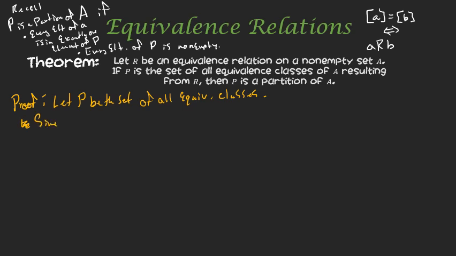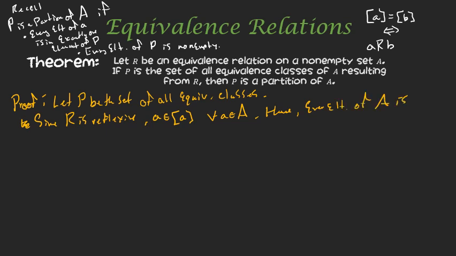Since R is reflexive, A is in the equivalence class containing A for every element of A. Hence, I'll write it in words, every element of A is in at least one element of P. It's in at least one of the sets.